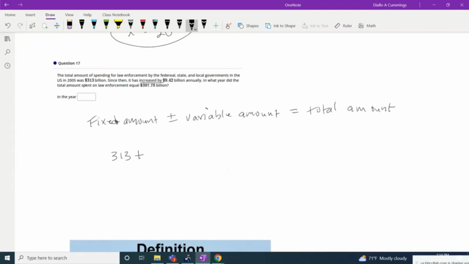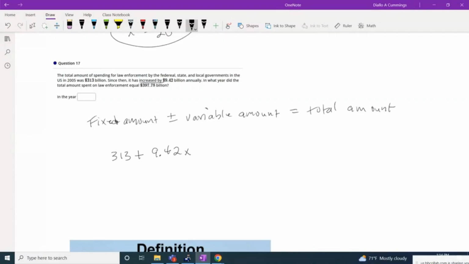So since we have an increase, that is plus $9.42 billion annually. So that's what's variable. So it's 9.42x, because x is going to represent the number of years since 2005.